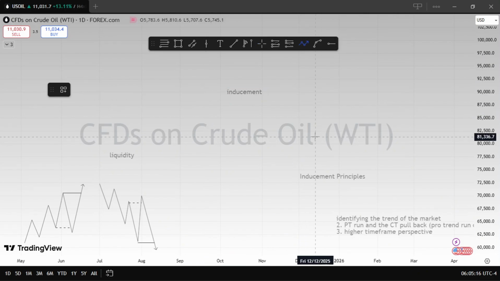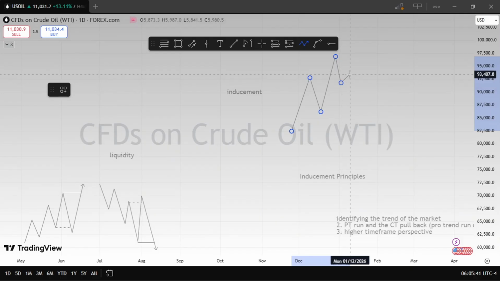Take for example, price in a bullish trend on the higher time frame. Let's say on the daily the price is bullish, and then you go down to the 4 hour, and we see that price now changes to a counter trend pullback and is forming a series of lower highs and lower lows.